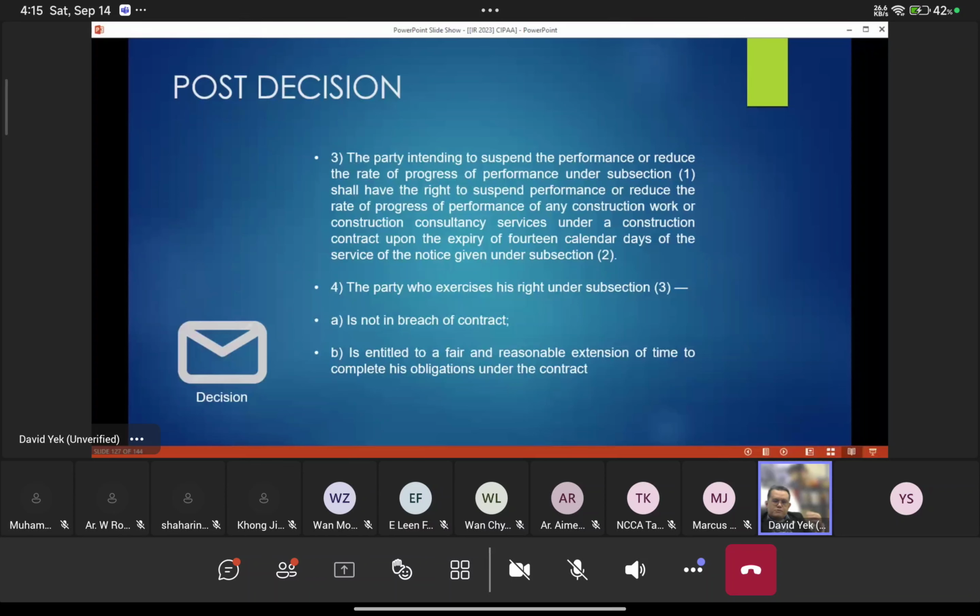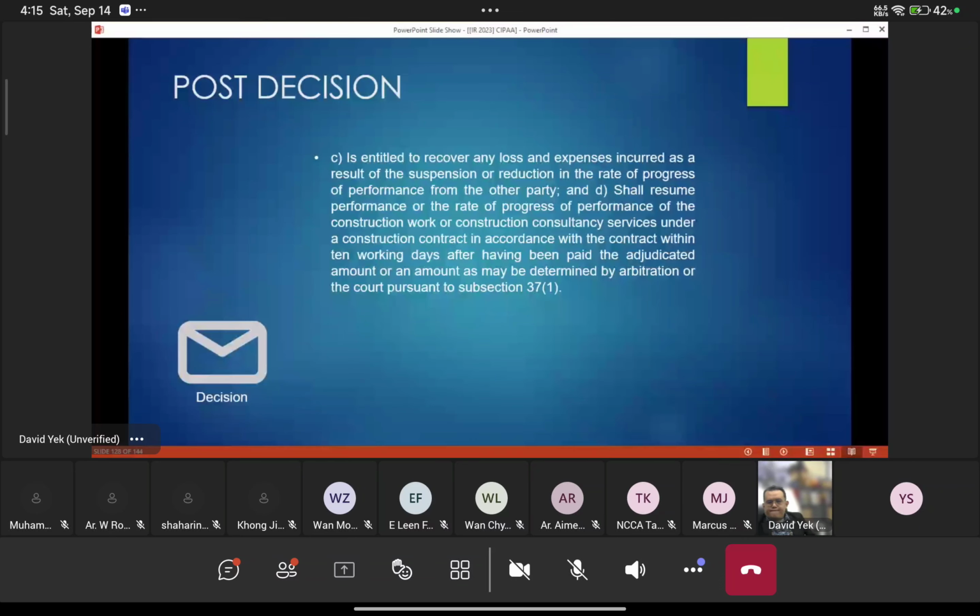Of course, there is also a way to give notice for what we call suspension of work on site. Once you are paid, then you can resume your work and so on and so forth.